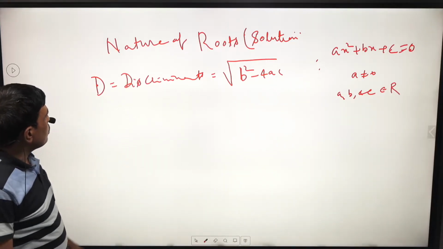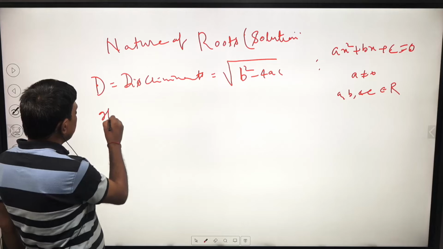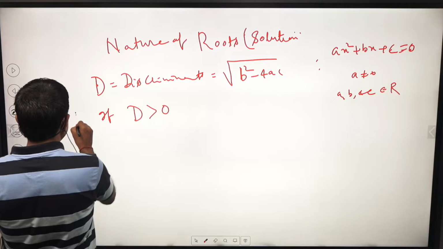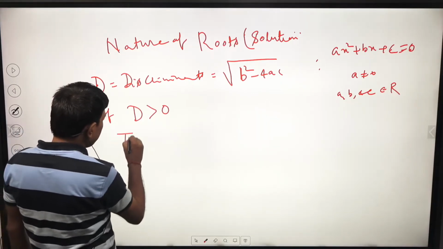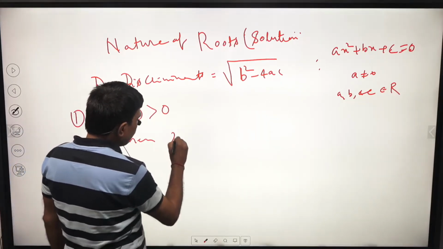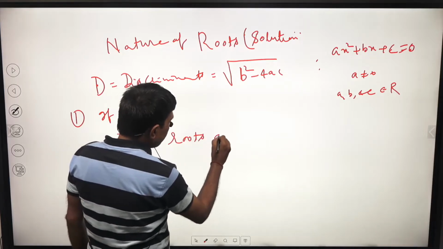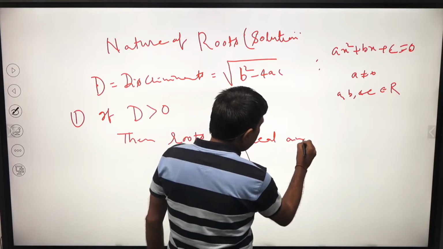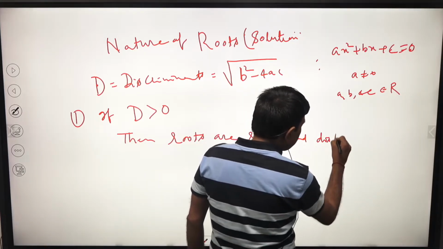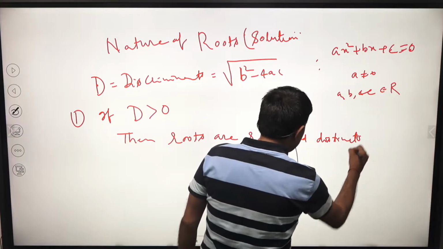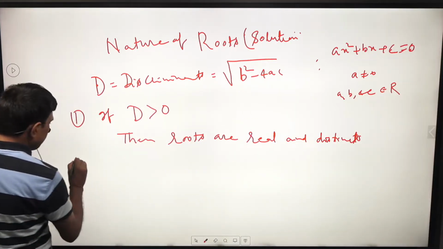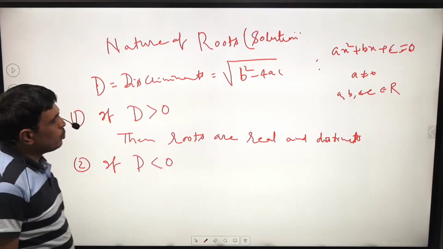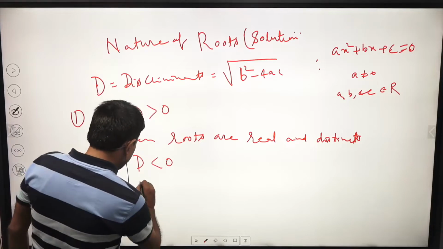For the discriminant: if D is greater than 0, then the roots are real and distinct. Second, if D is less than 0, then the roots are imaginary.